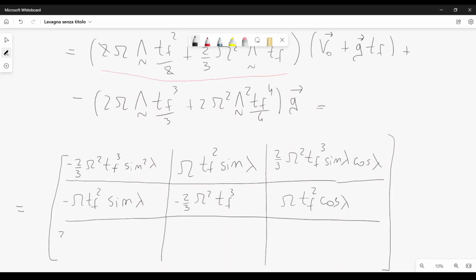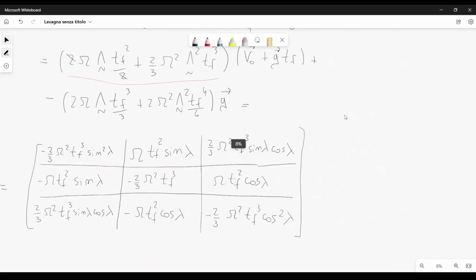And here we have 2/3 omega squared TF cubed sine lambda cosine lambda. And then minus omega TF squared cosine lambda. And the last term is minus 2/3 omega squared TF cubed cosine squared lambda.